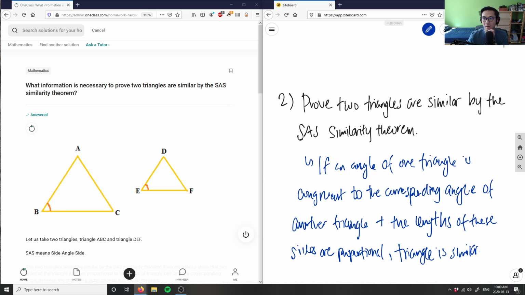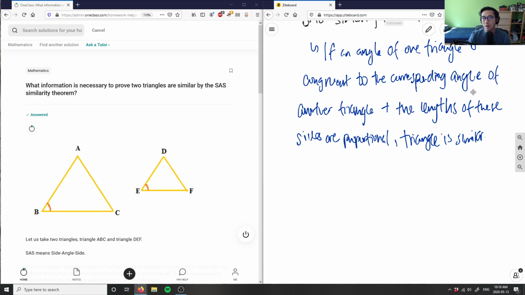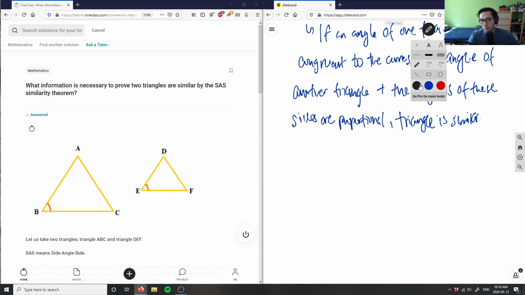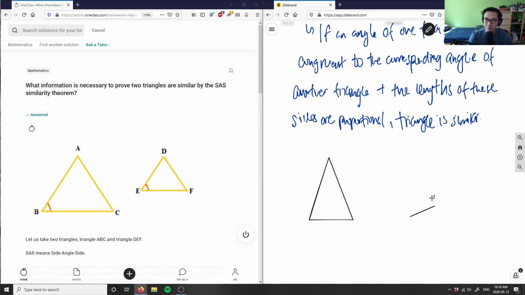So what does that mean? When we look at these two triangles here, they already drew this out, which is great, but I'm going to draw it out again. So I'm going to draw a triangle here, and maybe a smaller triangle here.